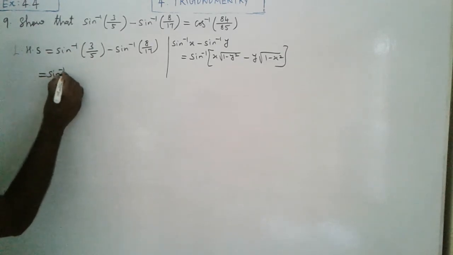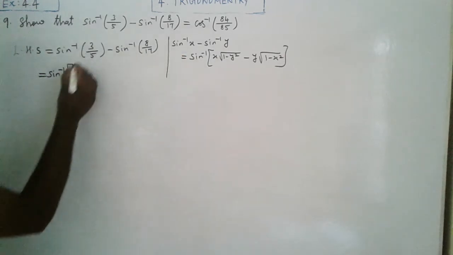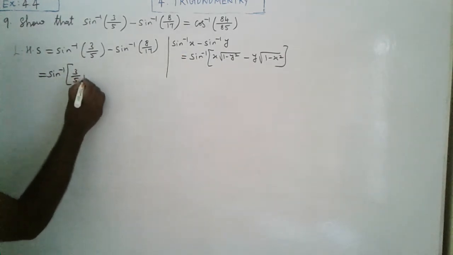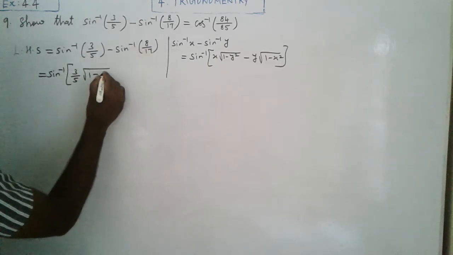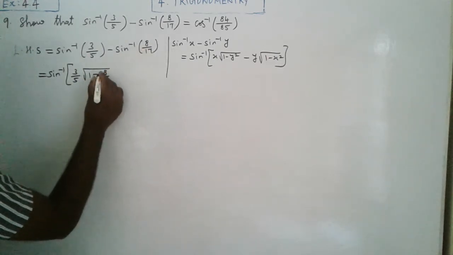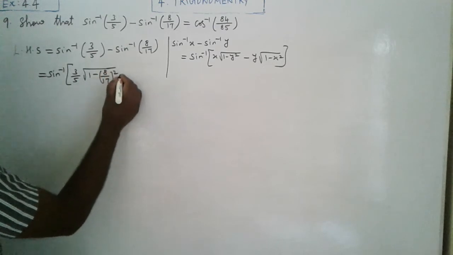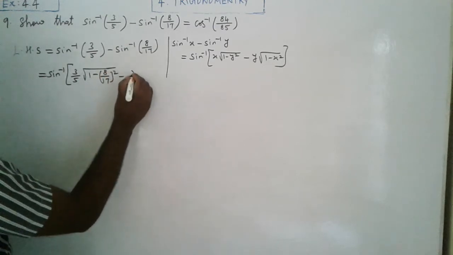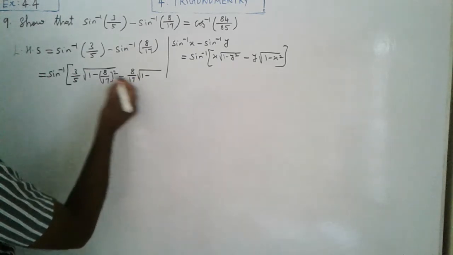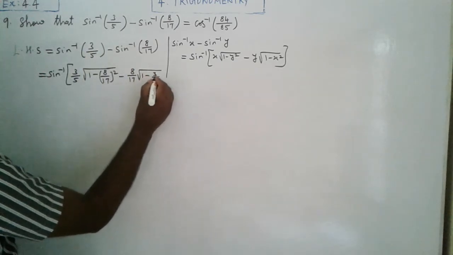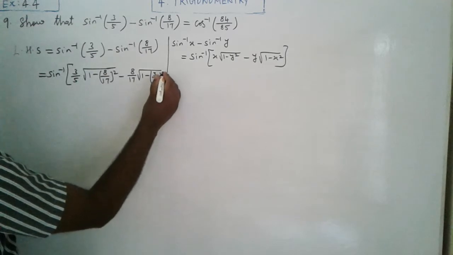So sin inverse of 3 by 5 root of 1 minus y, y is 8 divided by 17, (8 divided by 17) whole square, minus y is 8 divided by 17 root of 1 minus x square, x is 3 by 5, (3 by 5) whole square.